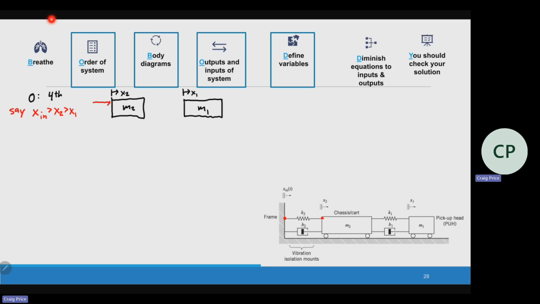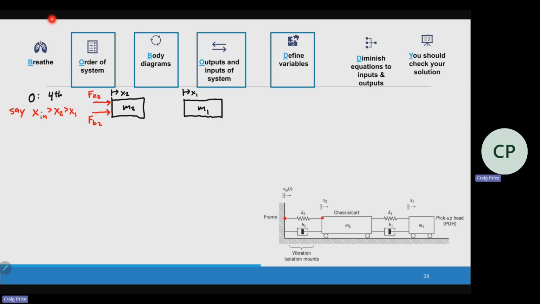So we're going to say this is FK2. It's in compression. Anytime I have a spring and damper, I'm going to put them in the same direction. We can also think of that material as trying to slow the frame down, and at the same time, there's an equal and opposite force pushing on mass 2.